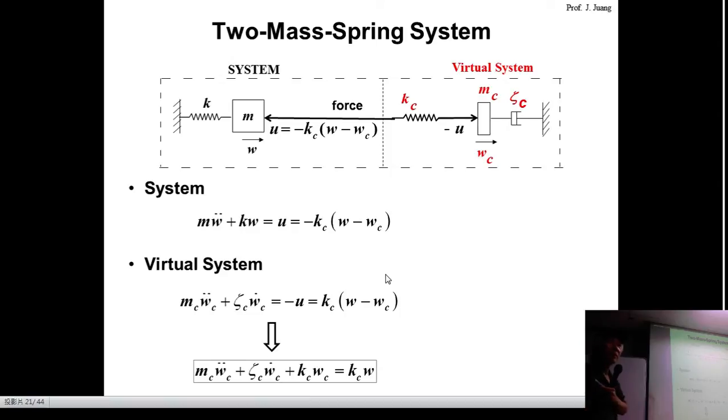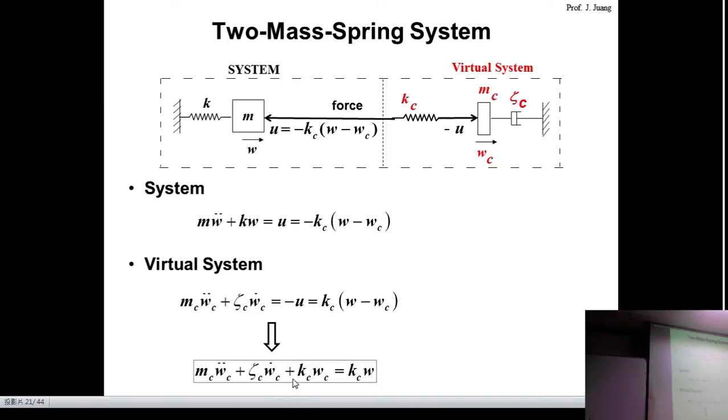Any questions? The question I want to ask is about the virtual system: the mass matrix, the stiffness matrix, how do you choose them? That's what we need to talk about. This is the gain, because you choose zeta C and K C. If you choose more zeta C, it means you get more damping, for example.